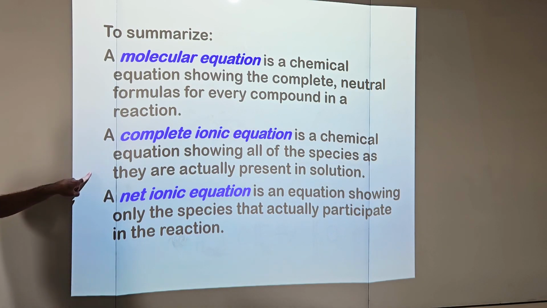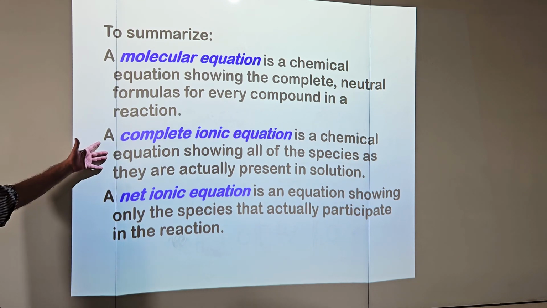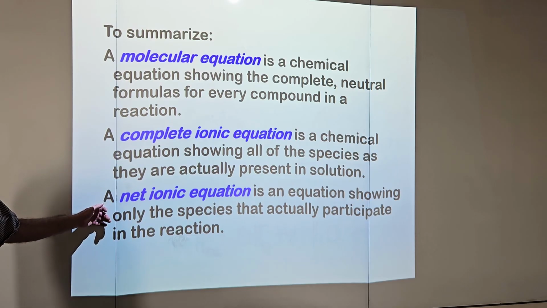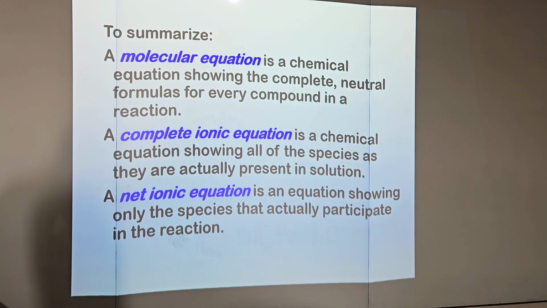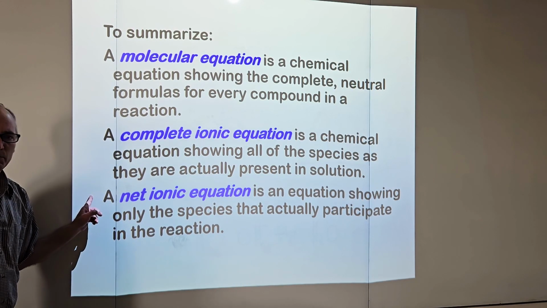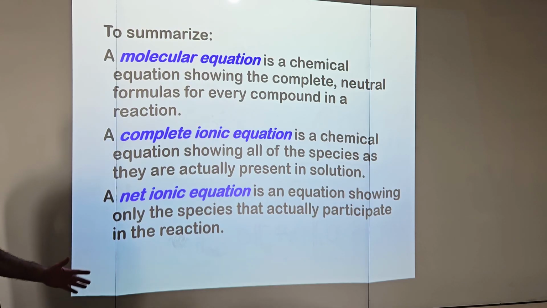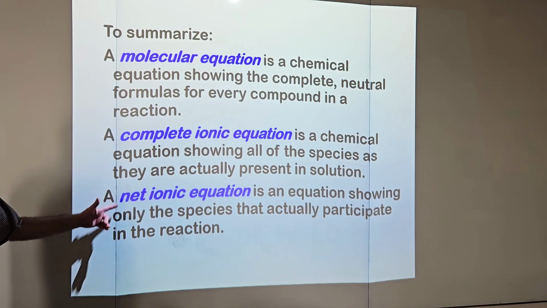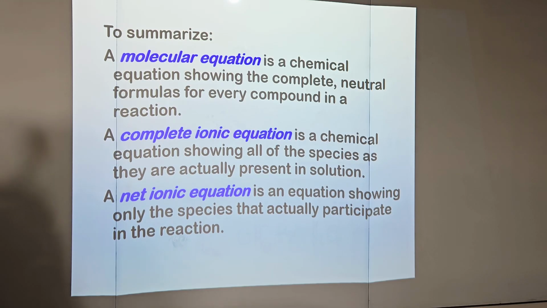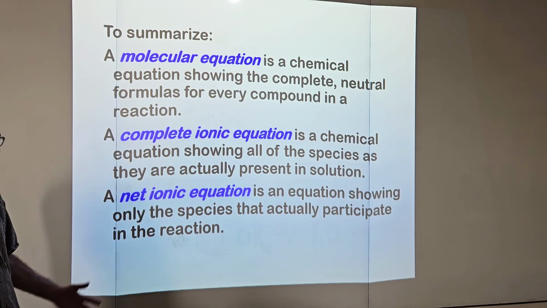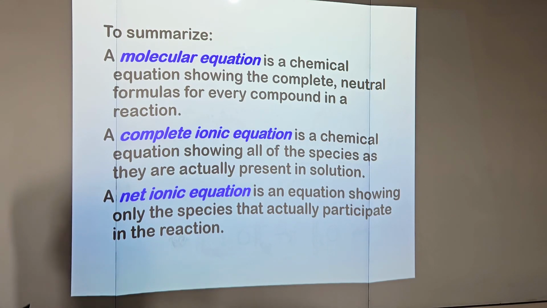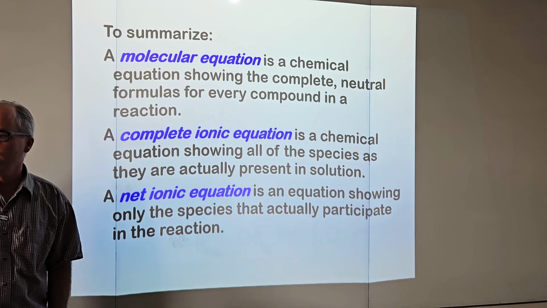This is mainly used for conception and teaching, and it helps us identify spectator ions. And identifying the spectator ions helps us see the actual chemistry, and the actual chemistry is shown in the net ionic, an equation showing only the species that participate in the reaction. All good stuff here. Any questions?